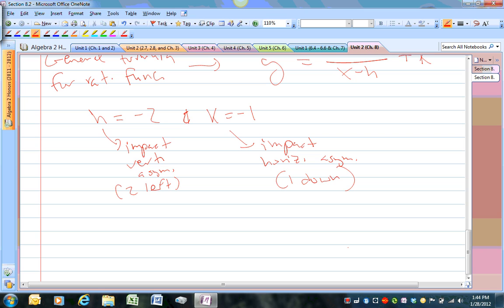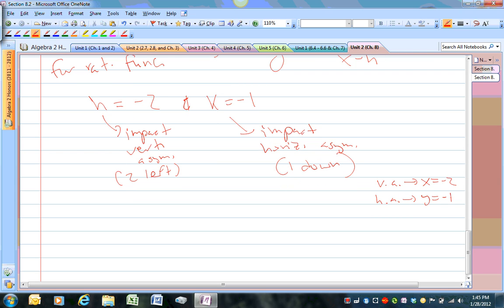So that means that the vertical asymptote is going to be x equals negative 2, and the horizontal asymptote will be y equals negative 1. Do that as your first step, because you kind of need to know the foundation for this graph.